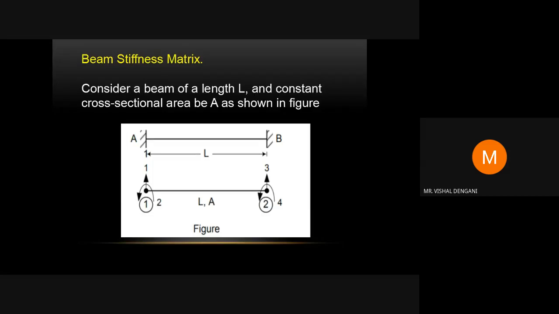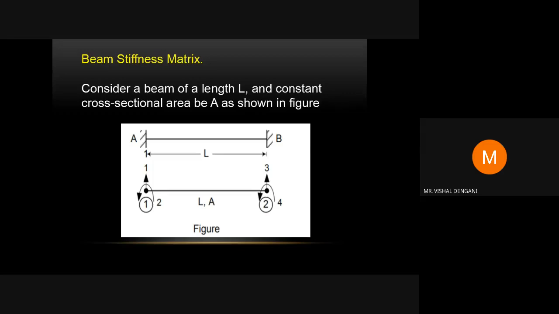Okay, so here to derive this stiffness matrix, why are we deriving the stiffness matrix? Because the primary unknown in case of the stiffness method is the joint displacement. That joint displacement value we have to find out, and we know the relation is that F is equal to K delta, force displacement relation.